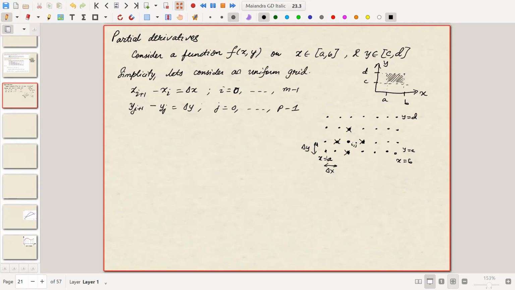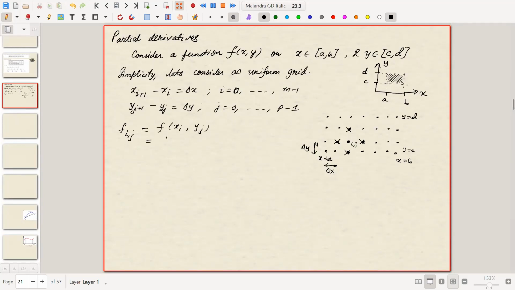So here the function f(x, y), like last time when we used the notation f_i, similarly here we will use the notation f_{i,j}. What is f_{i,j}? It is f of (x_i, y_j), right?